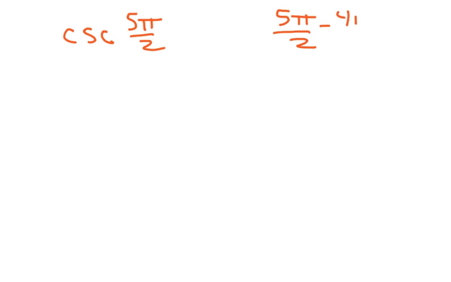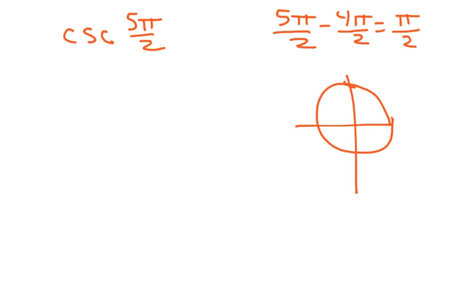How about cosecant? Let's try cosecant of 5 pi over 2. So you know you're going to have to subtract 4 pi over 2, which gives you pi over 2. In this case, we just need to know what this point is. If my radius is 1, it means my x is 0 and y is 1.